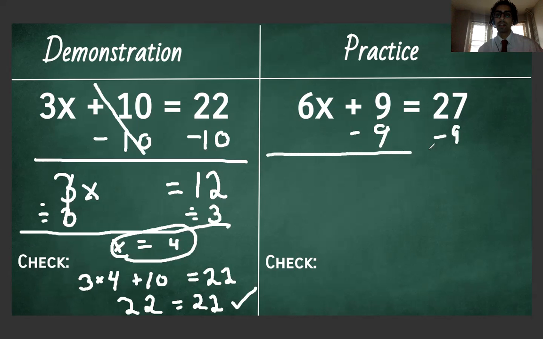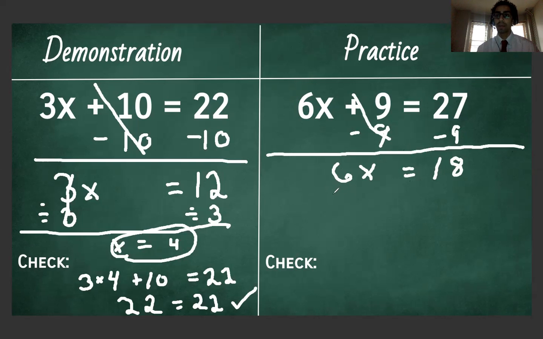So I'm going to go ahead and solve that out. 9 minus 9 cancels out. So I'm just left with 6x equals, and what would 27 minus 9 be? 18. That's correct. Now, if we want to get rid of the coefficient, we use either multiplication or division.